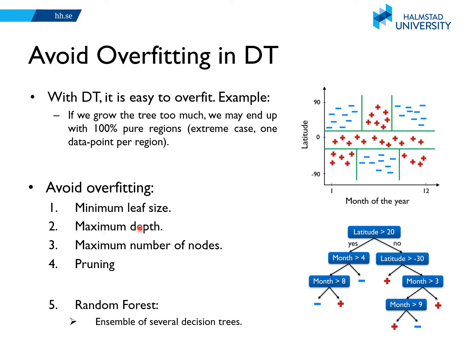Or another way to put this is to say that we define a maximum number of nodes, right? Because by reducing the number of nodes, you get a less deep tree. You reduce the depth of the tree and you split less. So you will get larger regions. Or another way is to do pruning.